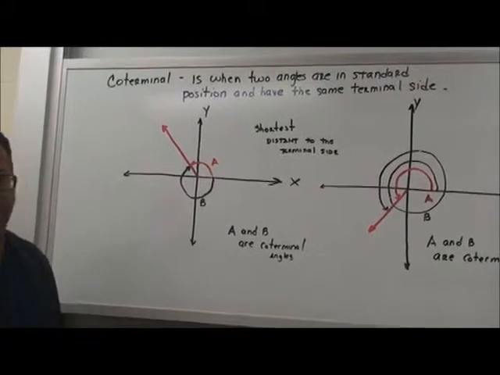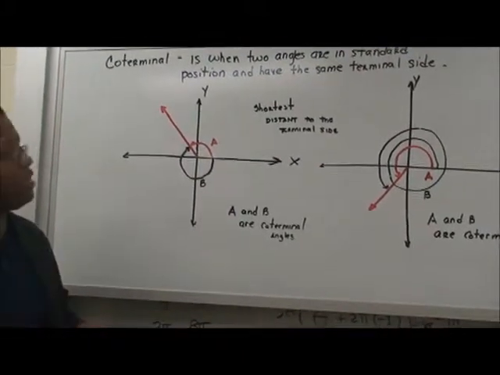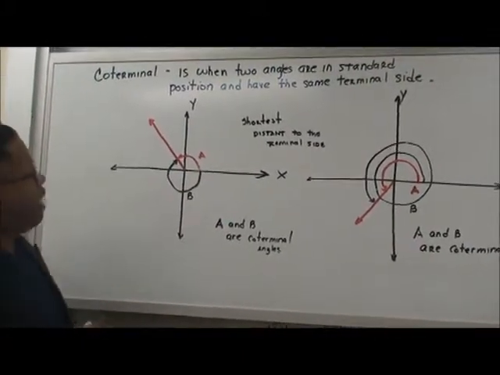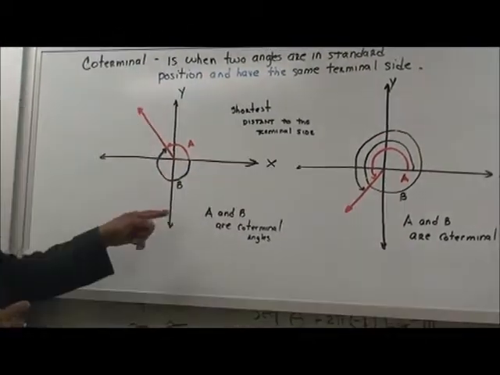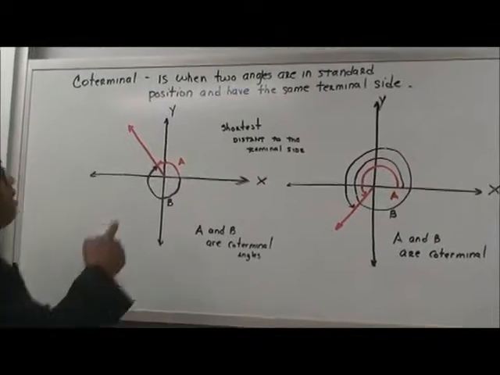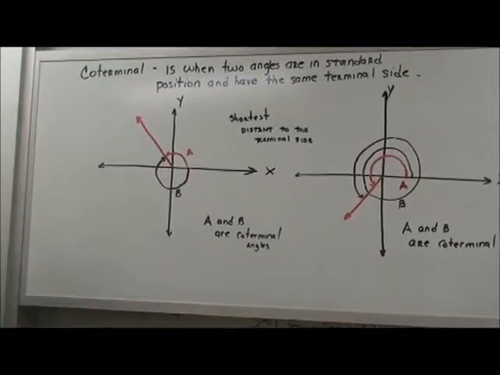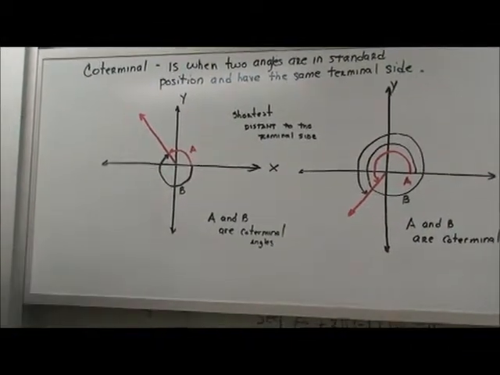We have reference angles, which we will talk about in later segments. However, this angle here is coterminal with angle B. So angle A and B are coterminal angles of each other.